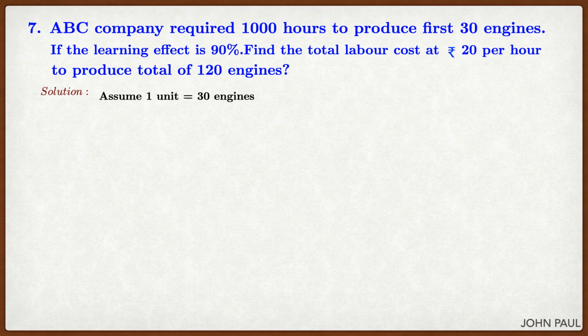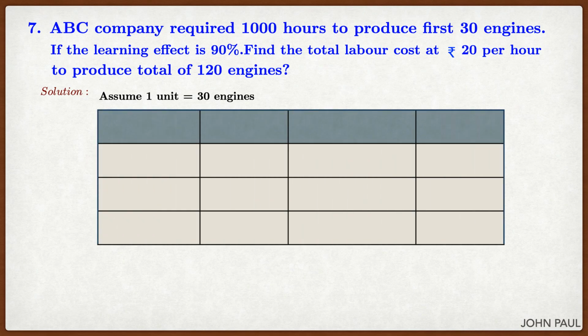Let us assume 1 unit equal to 30 engines. Now we will draw the table. Heading: unit produced. In the previous problem we used lot because they were given lot produced. Here unit produced. Lot or unit, anyone we can keep according to the question.